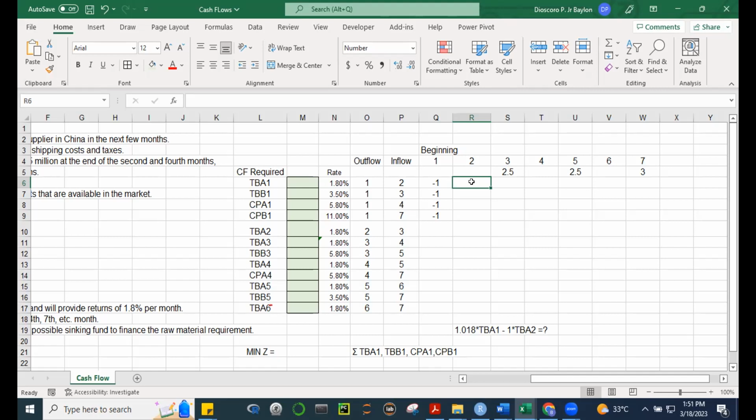So we invested TBA on the first month, so its factor is -1. So the factor for month 2, as far as TBA is concerned, will be equal to 1 plus 1.8%. All right. So this will now be the factor at month 2 for TBA1.